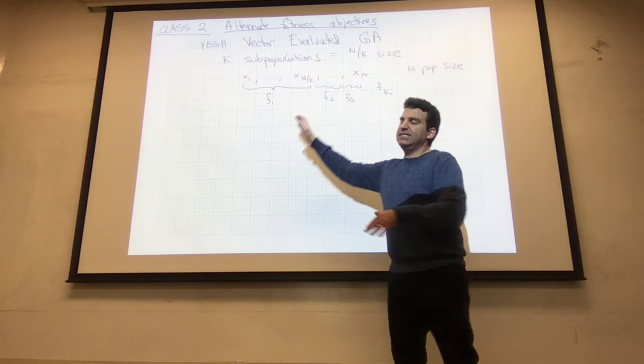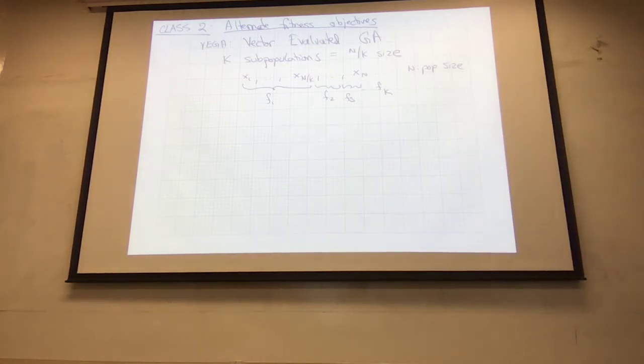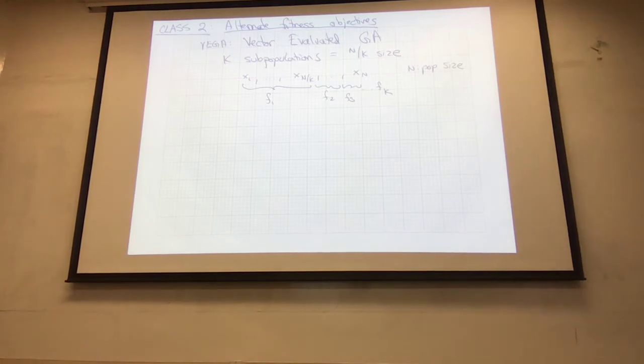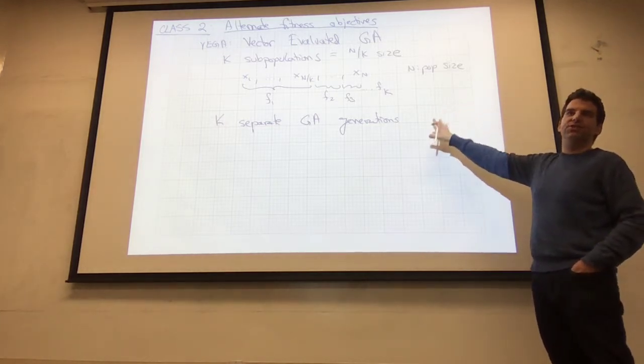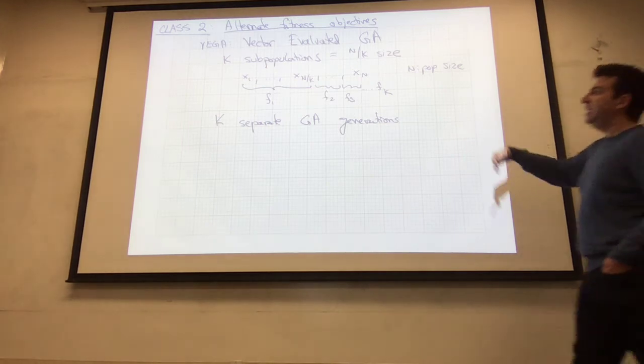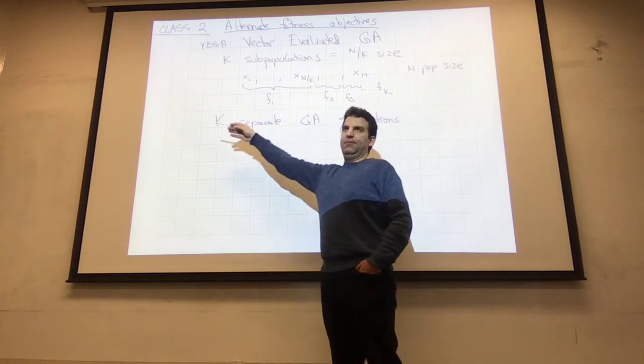But that's basically the idea here: I've got K little subpopulations, and you run K separate GA generations, one for each of the K different optimization objectives. Each one gets a different optimization objective. And then between rounds, you reorder them.